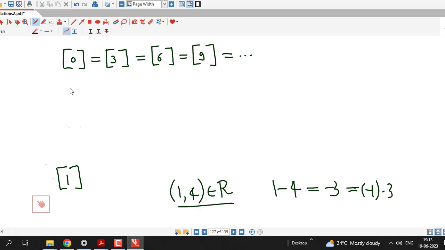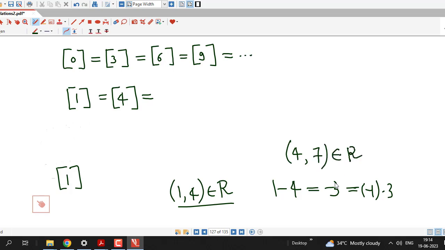Therefore the equivalence classes generated by 1 and 4 are going to be the same. Similarly, if we take the ordered pair 4, 7, then their difference is also minus 3. It is divisible by 3. Therefore, the equivalence classes of 4 and 7 are also the same.